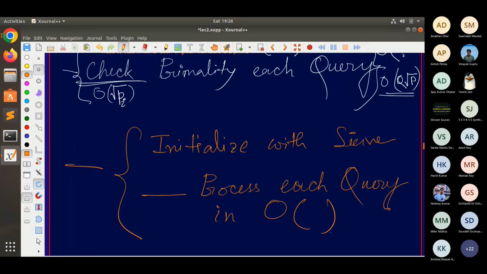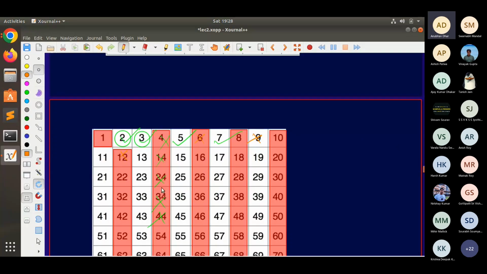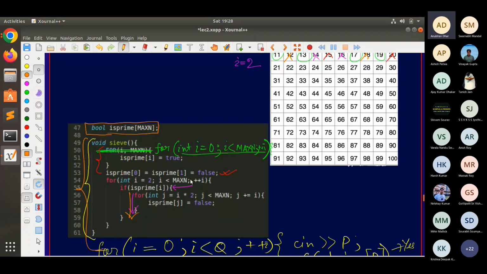Anyone? Constant. Yeah, constant. So process every query in constant time by just checking if is prime of p is equal to true or false.